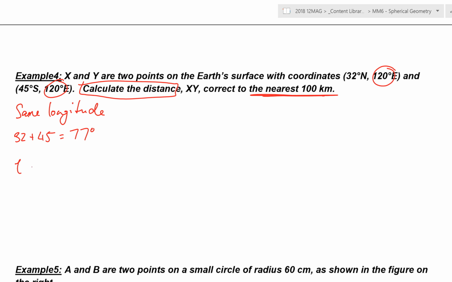So our arc length or distance equals 77 on 360 times 2 times pi times 6,400. Type that into your calculator. To the nearest 100 kilometres, I think it's pretty close to 8,600 kilometres.